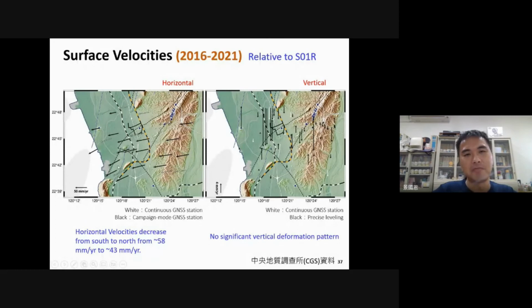However, based on this horizontal velocity pattern, we still could see the velocity increase from north to south. However, we still have no idea whether the creeping fault passes through this science park.